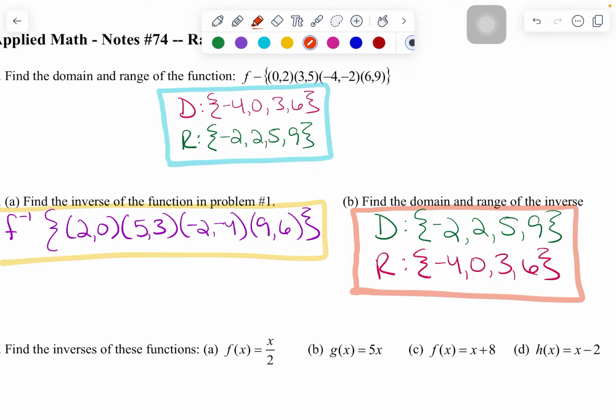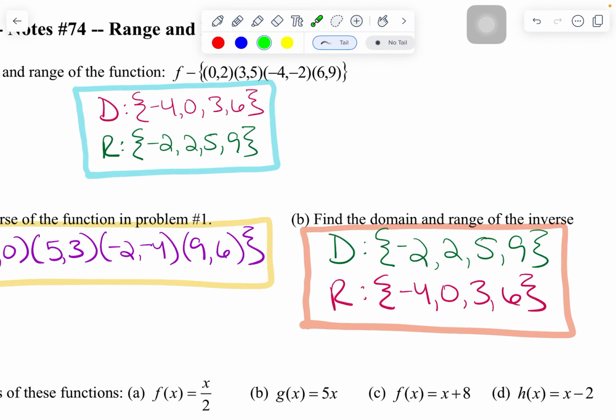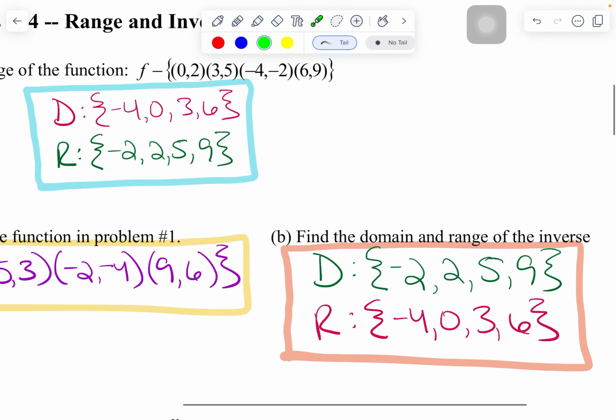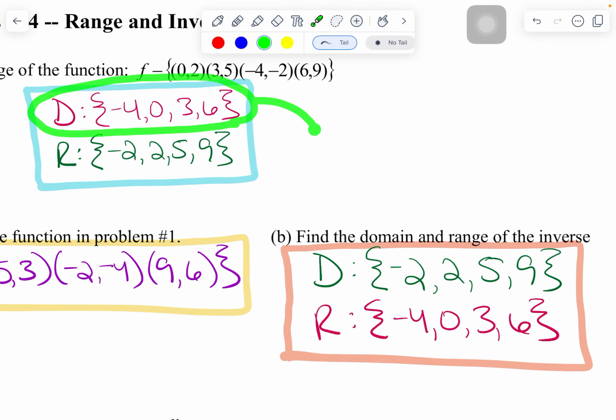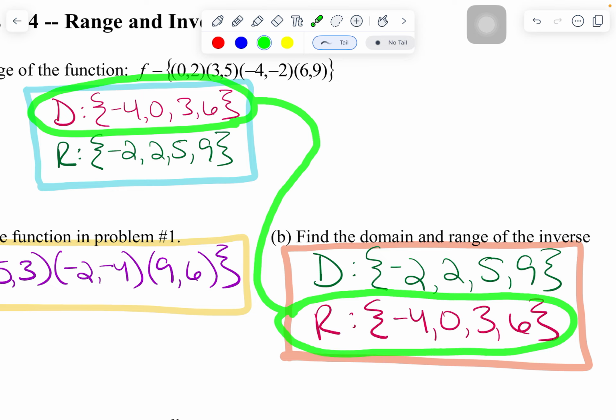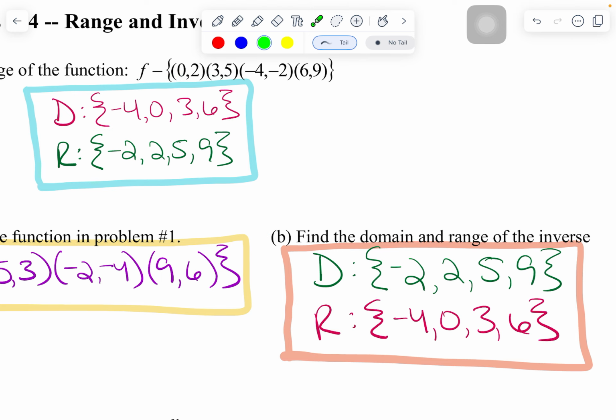Now, there is a method to the madness and a reason I colored the way I colored. So I want you to look at, I'm going to zoom in here, the domain for the original function. And then I want you to take a look at what I wrote down for the range of the inverse. Now, not only are they color-coded, they're the exact same things. Because we swapped the X and the Y's, your domain and your range become swapped.